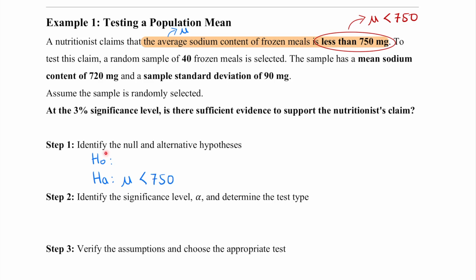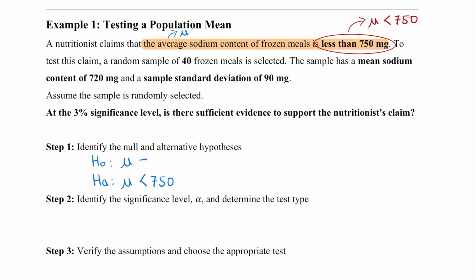The null hypothesis always includes the equal sign, so I have mu equals 750. The alternative means the population mean sodium content is less than 750 milligrams, and the null means the population mean sodium content is equal to 750 milligrams.